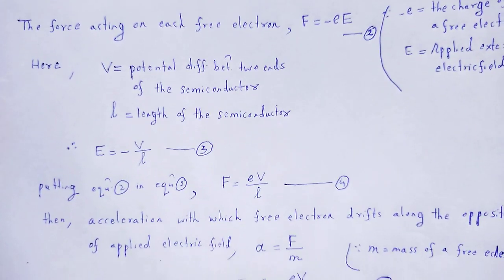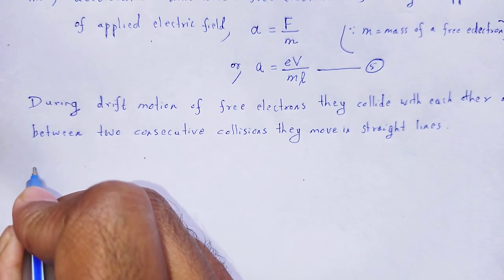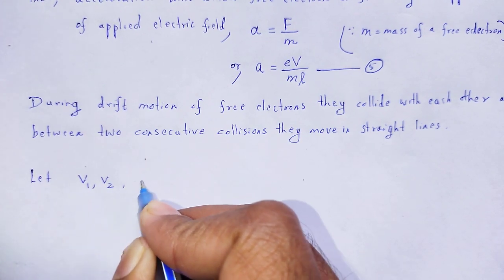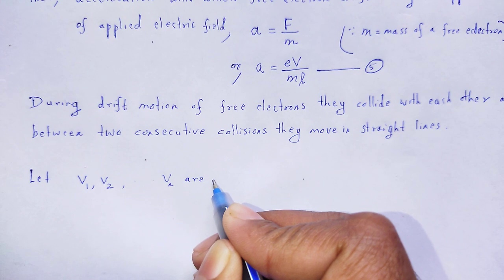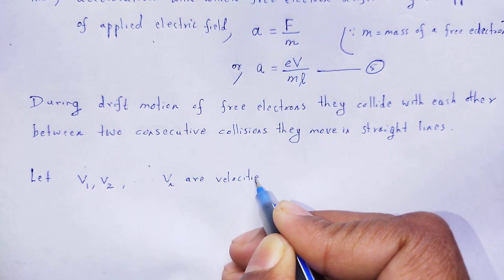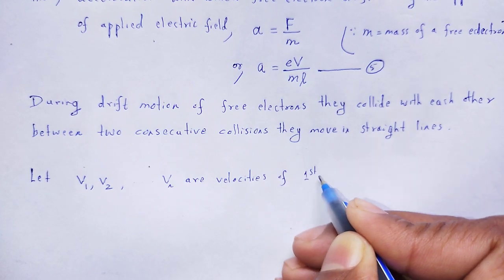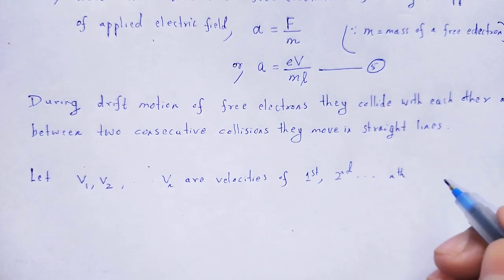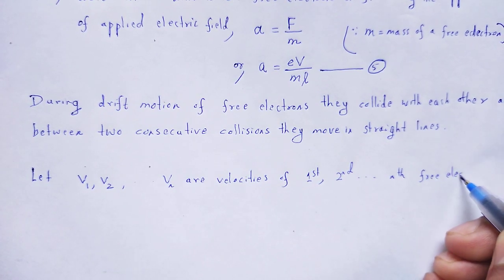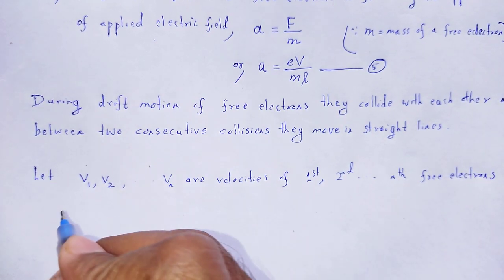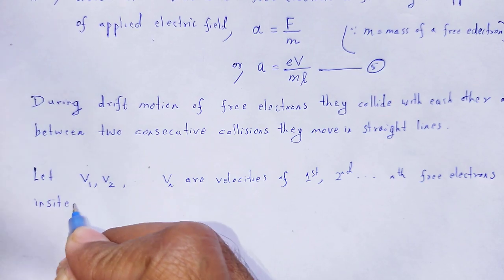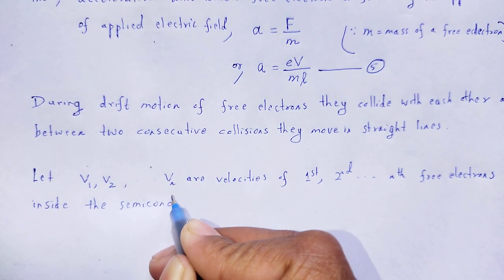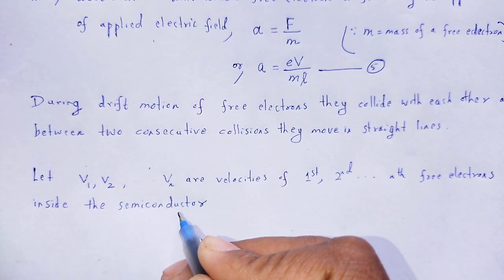Let V1, V2 up to Vn are velocities of first, second up to nth free electrons inside the semiconductor after the application of external electric field.